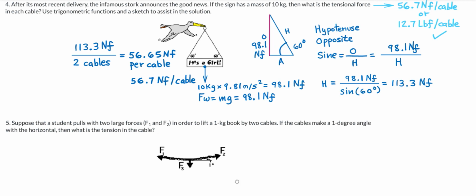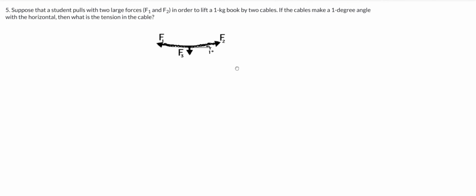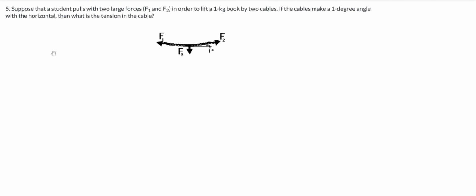So moving on to the last problem. Suppose that a student pulls with two large forces, F1 and F2, in order to lift a 1 kilogram book by two cables.